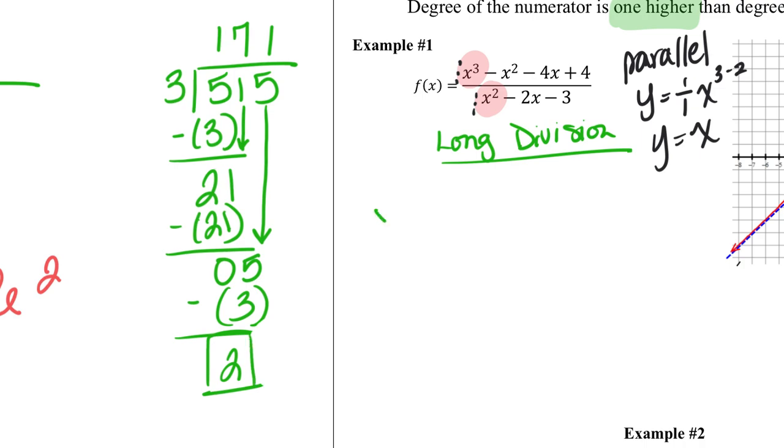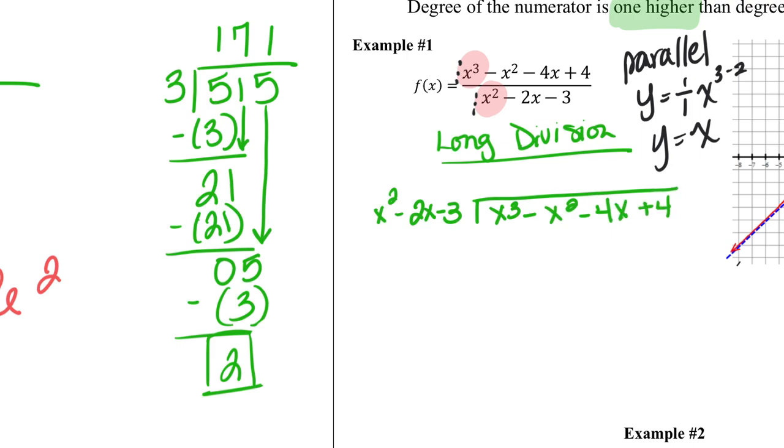So we're going to take x squared minus 2x minus 3, and we're going to divide it into x cubed minus x squared minus 4x plus 4.